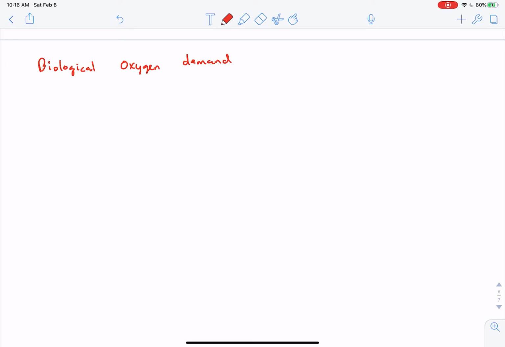Biological oxygen demand is a real-world application of oxidation reduction reactions. That's really the only purpose of it for incorporating the IB. They're trying to show environmental connections to chemistry.